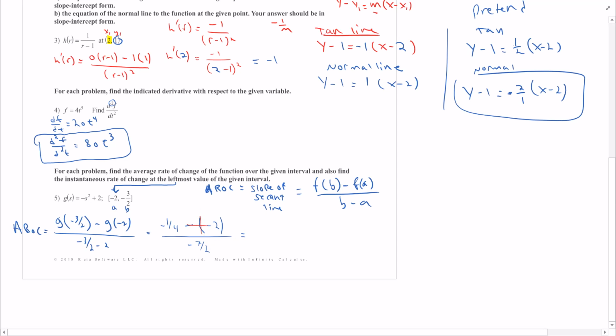So negative 1/4 plus 2 is 1 3/4, also known as 7 fourths, divided by 1/2. A little bit of multiplication here. You're going to get 7 fourths times 2, which is 7 halves. Okay, that's the average rate of change.